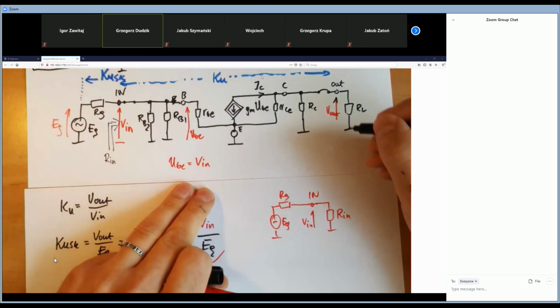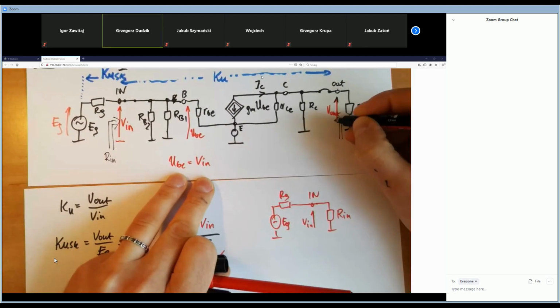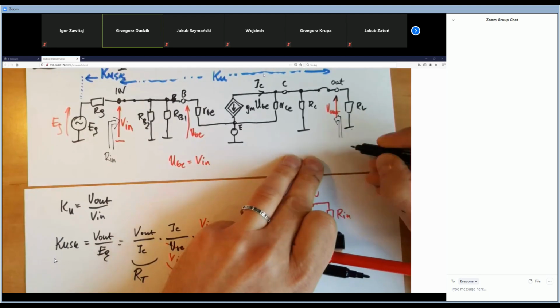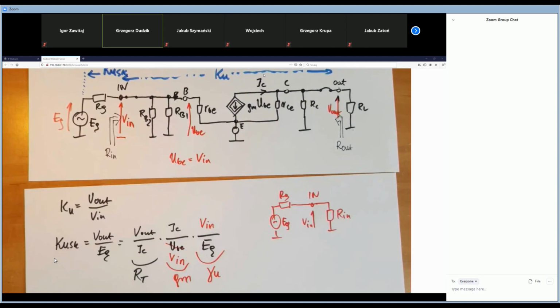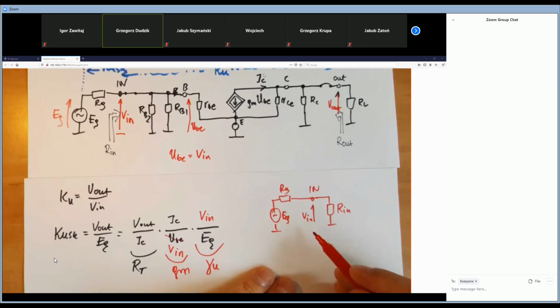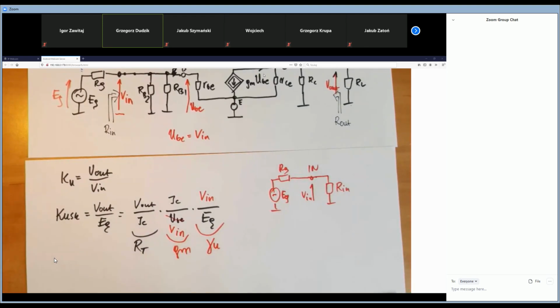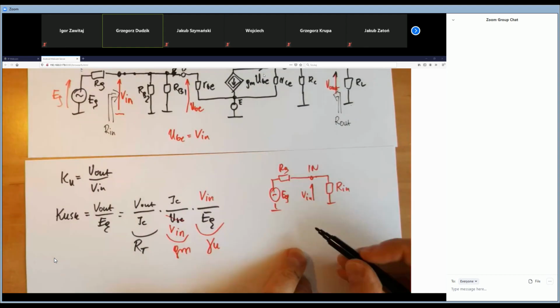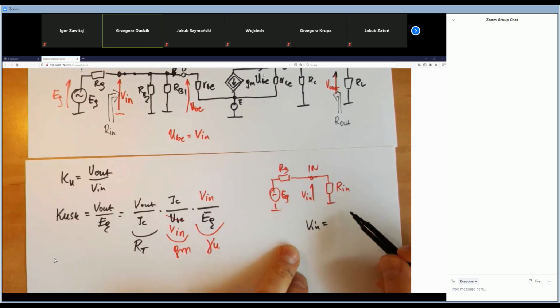And also from this point, from the output terminal, we've got the output resistance. Yeah, that's right. Great. So using the formula for the voltage divider, we can write here that the V in is equal to... please tell me. This is just the voltage divider. So please tell me what is the value of V in? How can we calculate it?